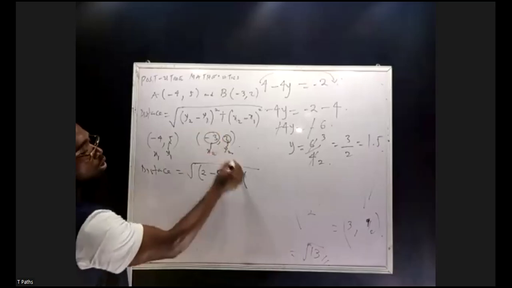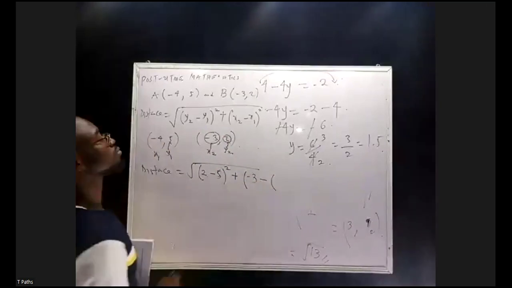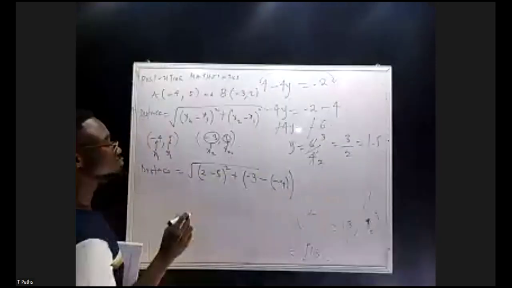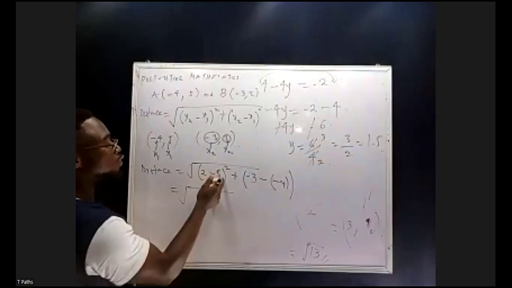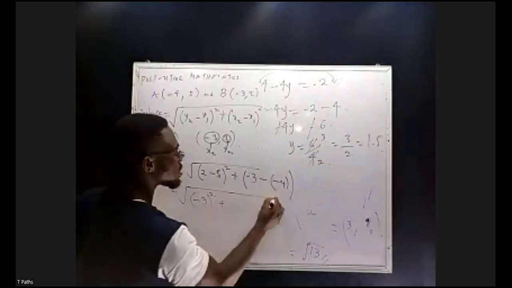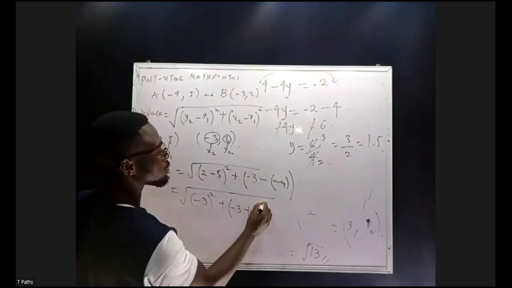Your x2 is minus 3, minus, what is your x1? Your x1 is minus 4. Please be careful here. So what do you have? (2 minus 5) squared, plus, let's go here, (minus 3 minus times minus, plus 4).